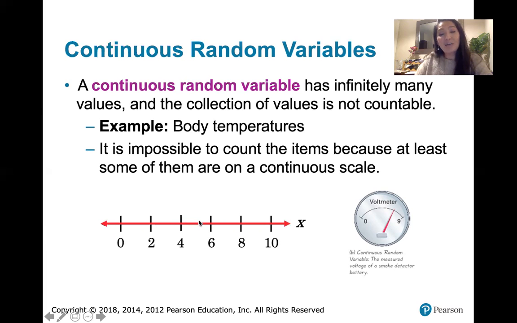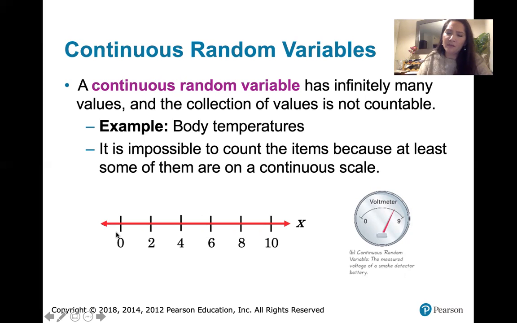If we tried to count them, we would always miss some. And if we had 2 values and we tried to put them very close together, there would always be another value in between. And then between 2 of those values, there would always be another value in between. We could never count them, even if we tried. So that's what we're talking about when we're talking about a continuous random variable.